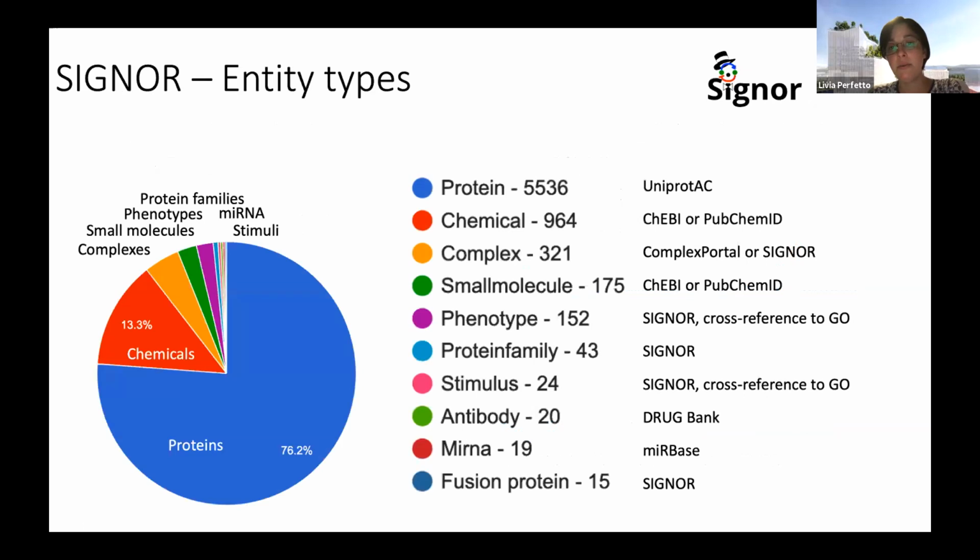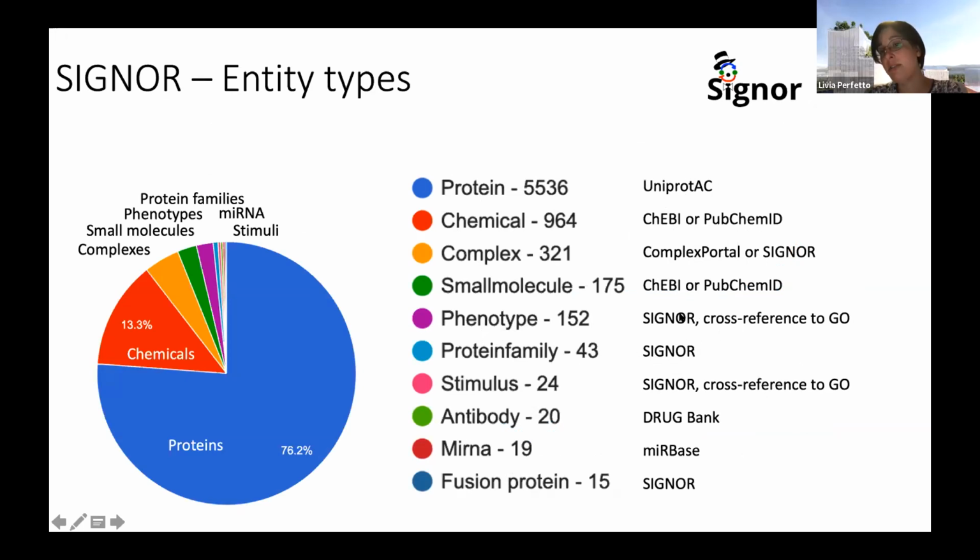A little bit about the entities. As I mentioned before, we have different types of entities. They are growing in number, and we try as much as possible to cross-link to external resources like UniProtKB and PubChem. We use Complex Portal for complexes, but sometimes we have to use our own internal identifiers, especially for phenotypes, stimuli, and protein families.